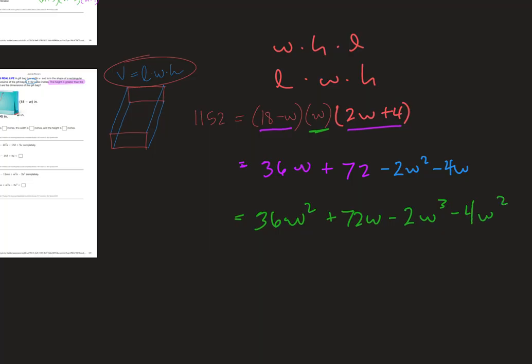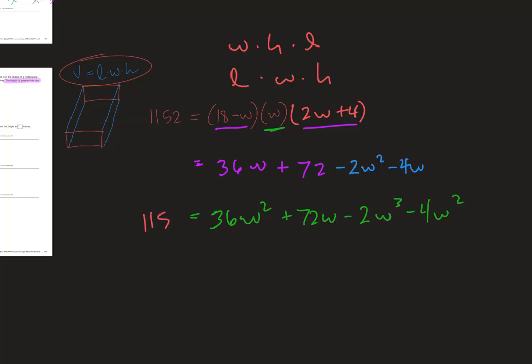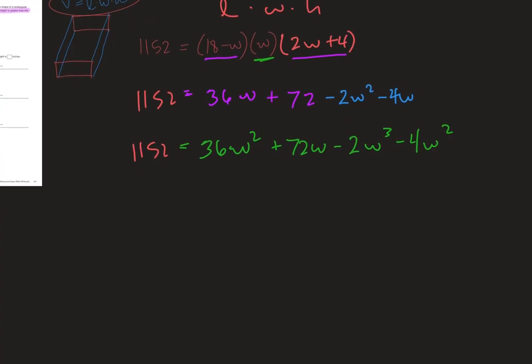If you're like, what steps were you going to take? I was going to start rearranging it. 1152 has been there each time. Now we can combine some terms like this and this. They're like terms. So 1152 equals negative 2W cubed plus 32W squared plus 72W.